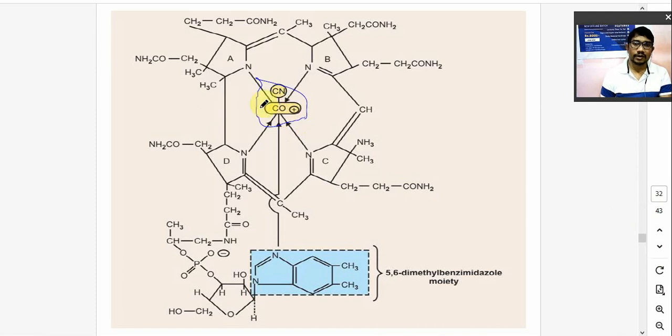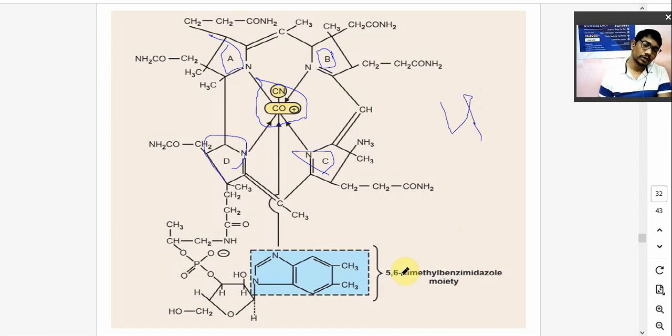Tetrapyrrole का आप देखो, pyrrole ring A, ठीक है, pyrrole ring B, pyrrole ring C, pyrrole ring D. So it is a tetrapyrrole: 1, 2, 3, 4.